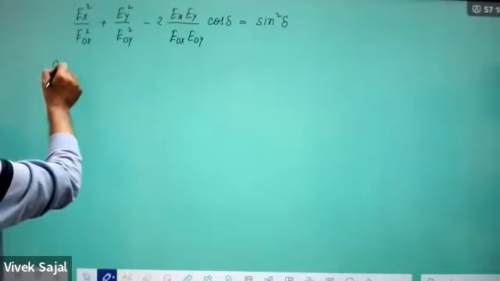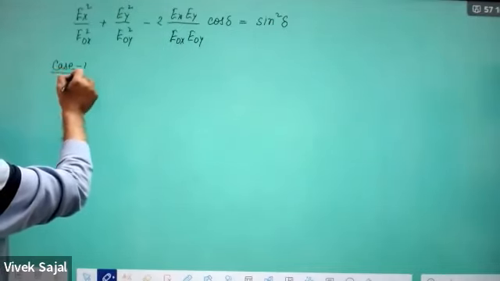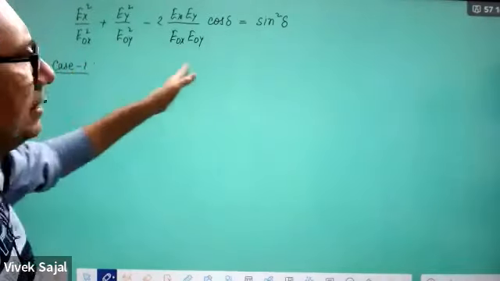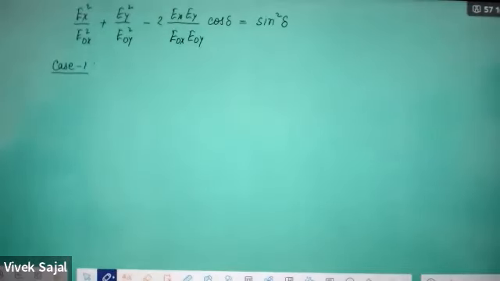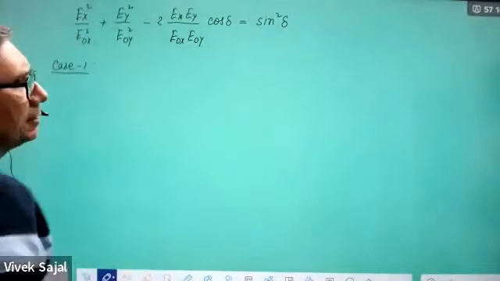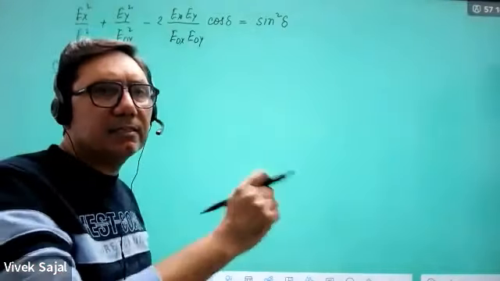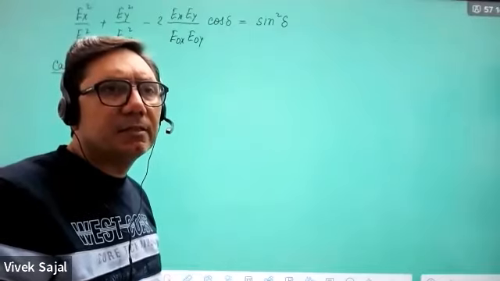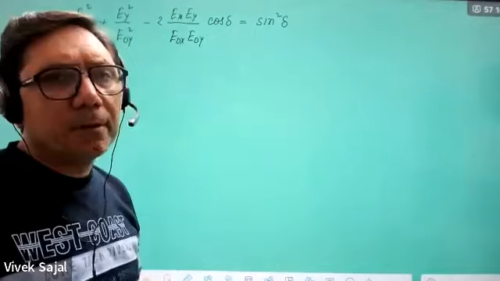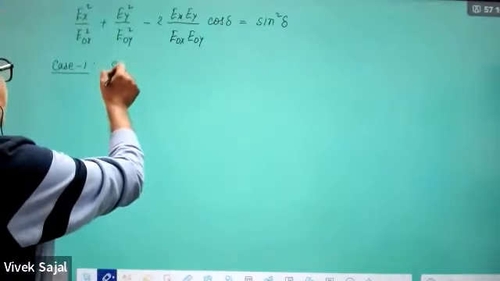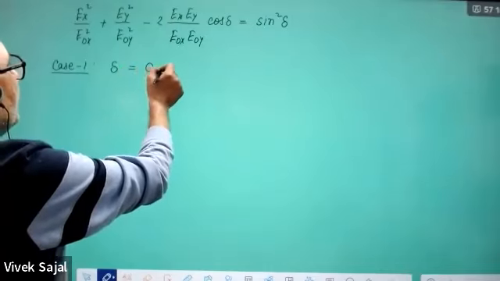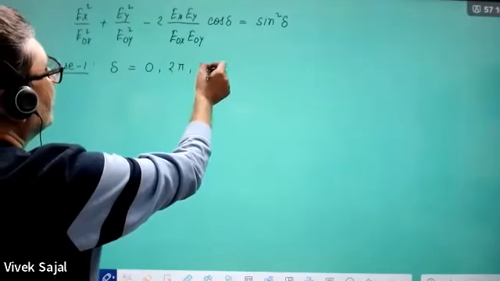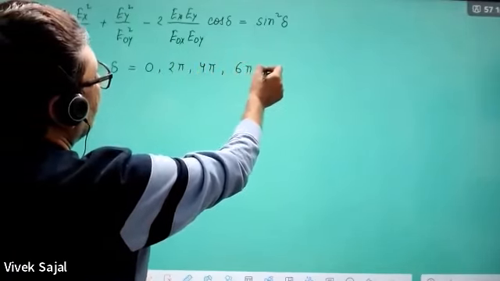First case. Case 1. देखो बेटा. If thickness T of the crystal is such that the phase difference between O ray and E ray is delta equal to 0, 2 pi, 4 pi, 6 pi, like this.